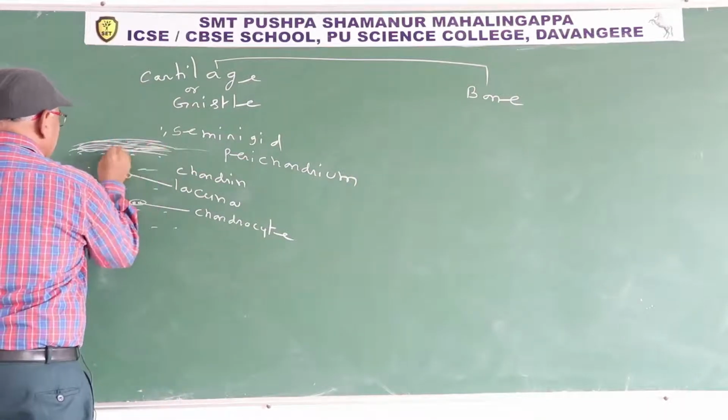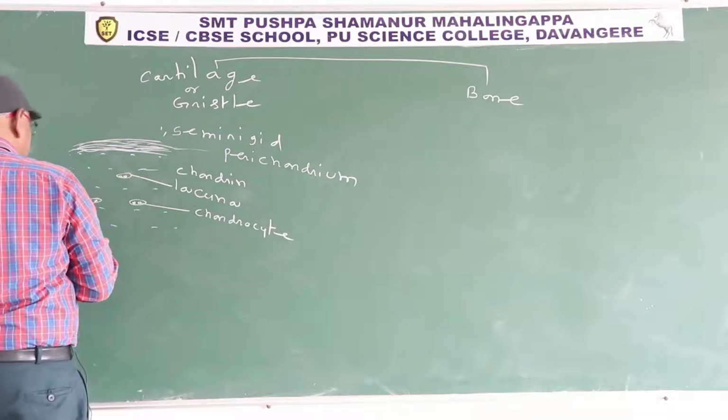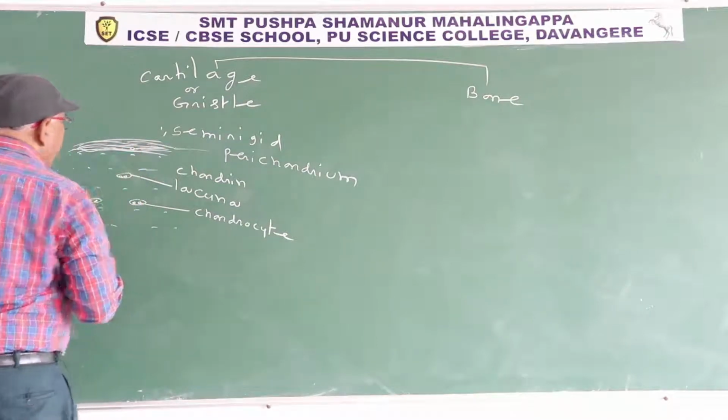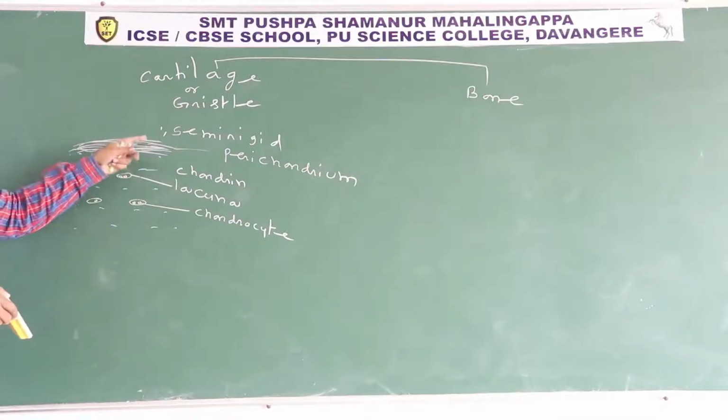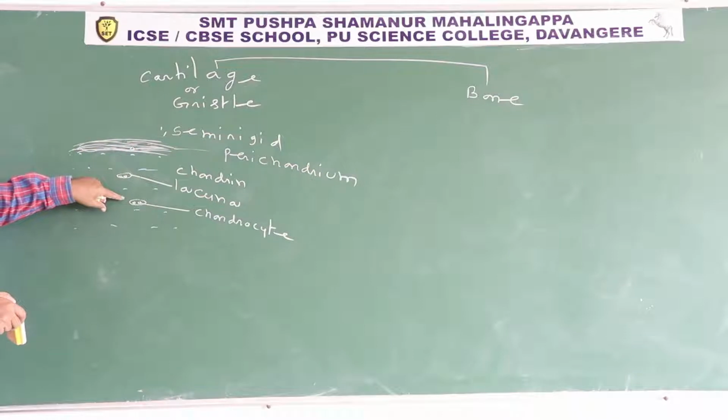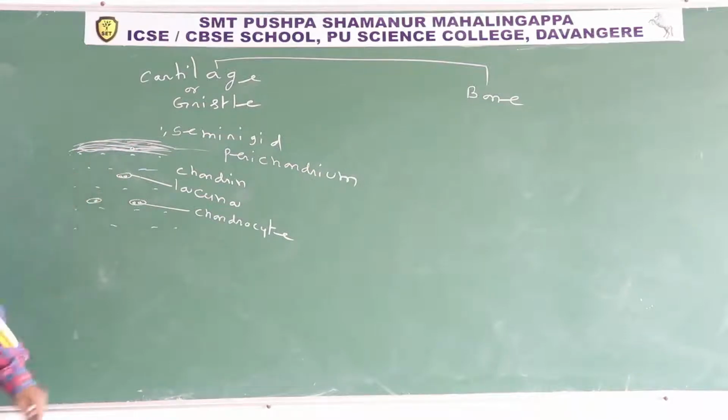Perichondrium contains blood capillaries. The nutrients diffuse from the blood capillaries of perichondrium and enter into chondrin. So cartilage depends upon perichondrium for its nourishment.